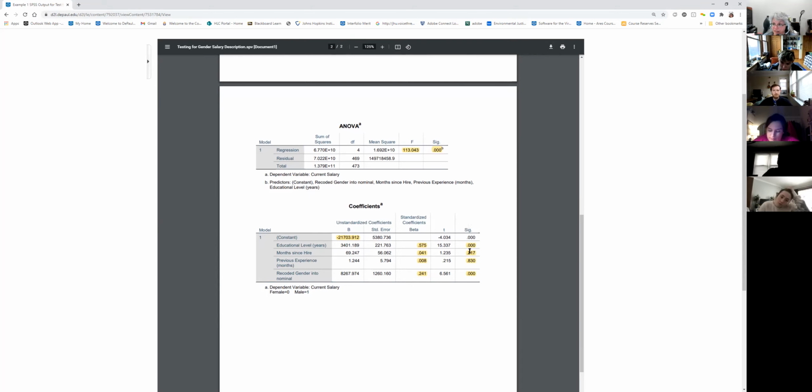Notice our good old friend statistical significance is still there. It's still read the same way. Notice things are positive and negative. Direction is read the same way. What is not here, and big asterisk, please, what is not here is strength.